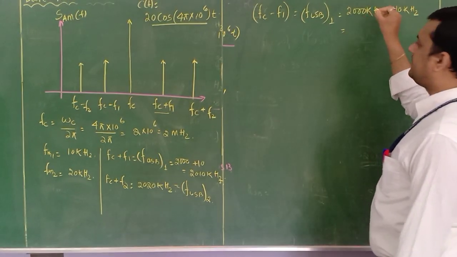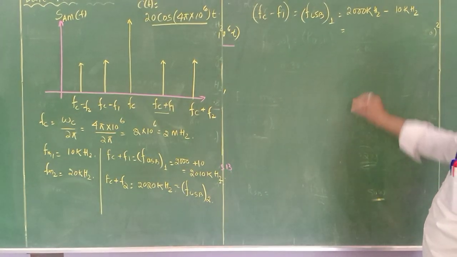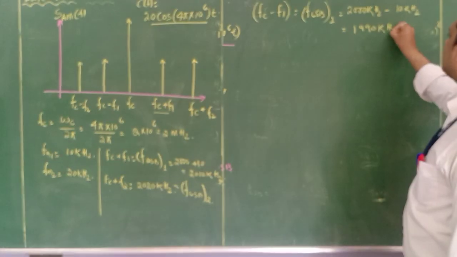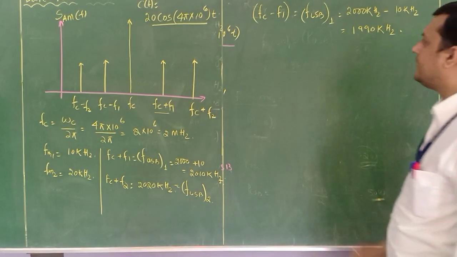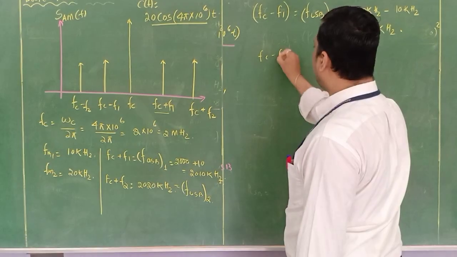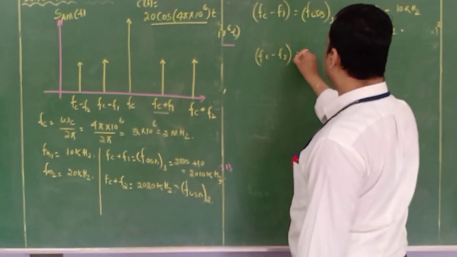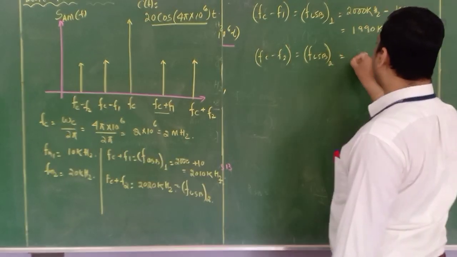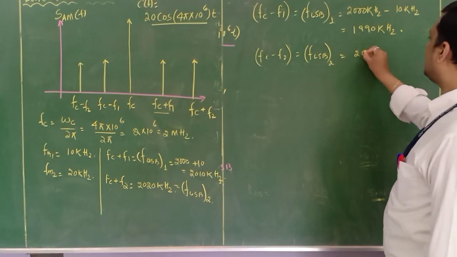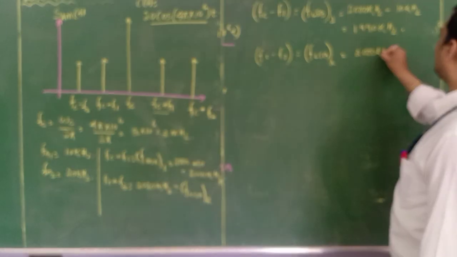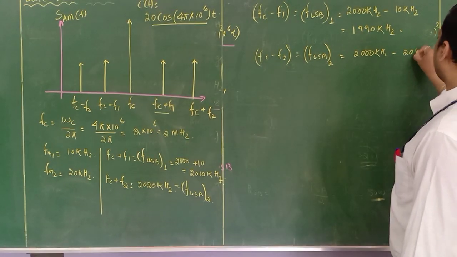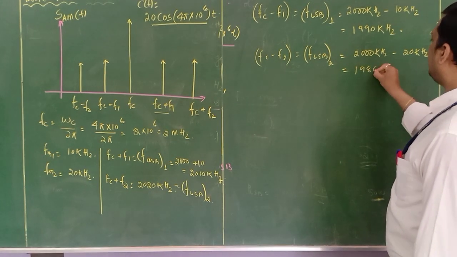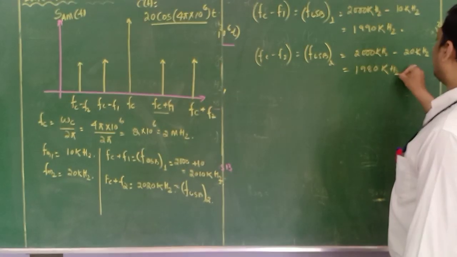If I solve this, I will get 1990 kilohertz. Similarly, Fc minus F2, which is the lower sideband of the second modulating signal, is 2000 kilohertz minus 20 kilohertz. Now if I solve this, I will get 1980 kilohertz.